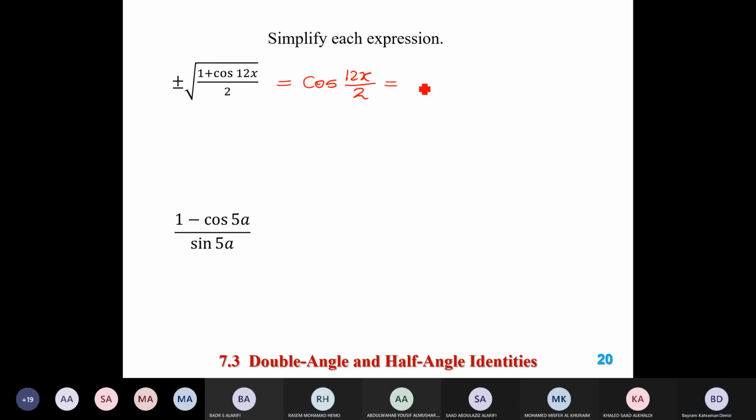Yani cosine of 6x, right? Do you guys remember this one? Tangent of half angle. Tangent of half angle.